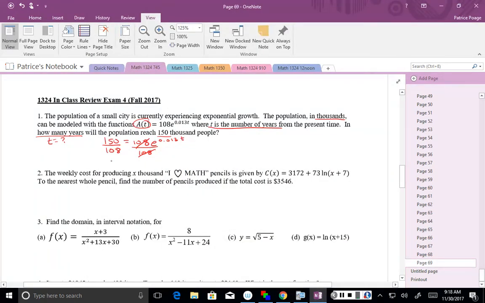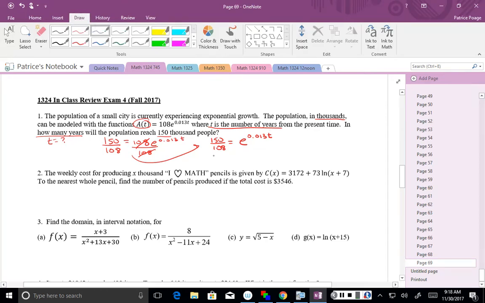And so I am going to then rewrite this over here so I have more room. I'm going to write my 150 over 108 equals e to the 0.013 t. So my boss is the one without the exponent. So my boss is going to be 150 over 108. So it is going to stay exactly where it is at.